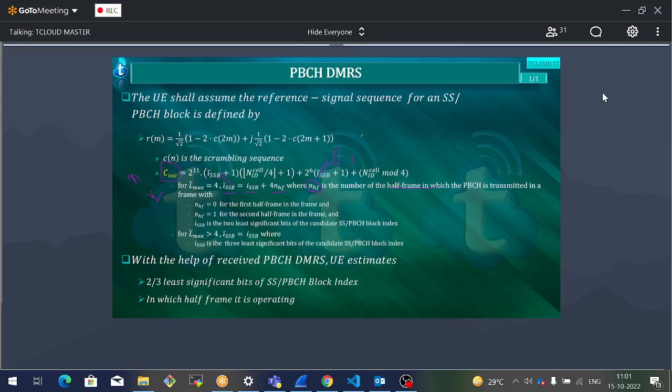Otherwise, you will put 1 in the second half of the frame. These are called half frames. I told you this in an earlier class. Your frame is divided into 2 halves, half frame 0 and half frame 1. Depending on that, the NHF value would be decided. Where are we transmitting this DMRS? Because we are now considering from the transmitter point of view.